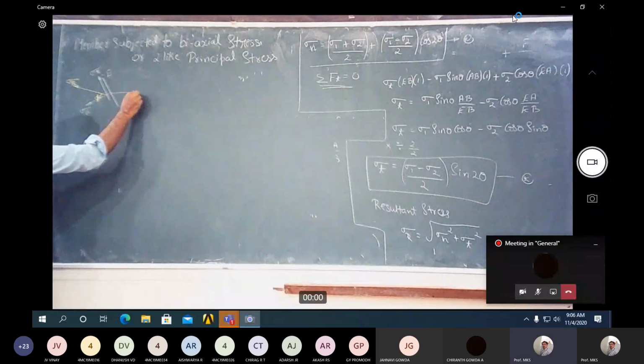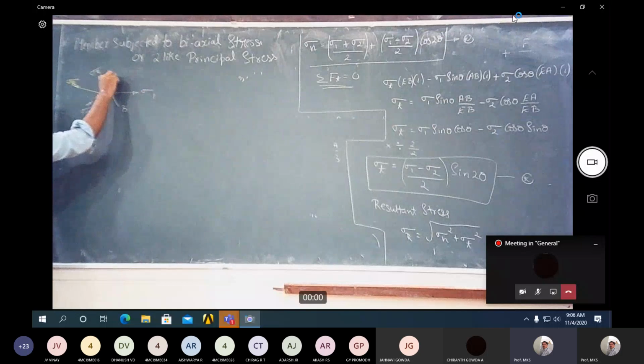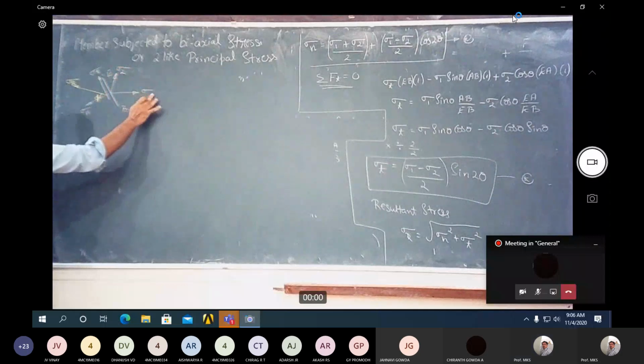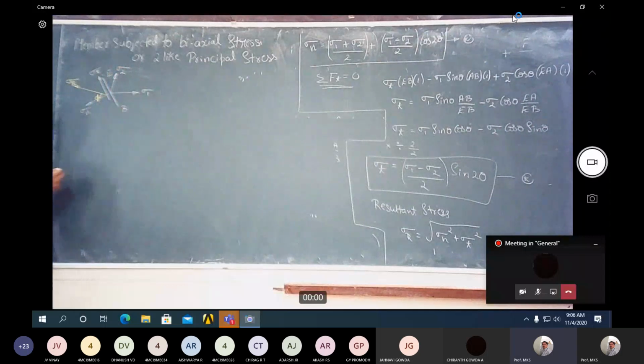This will be sigma 1, this will be sigma 2. If the problem asks to plot the direction of the resultant stress, you need to make use of this scale.